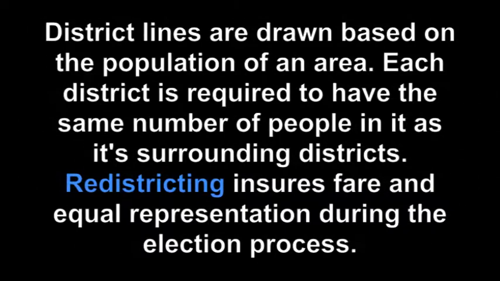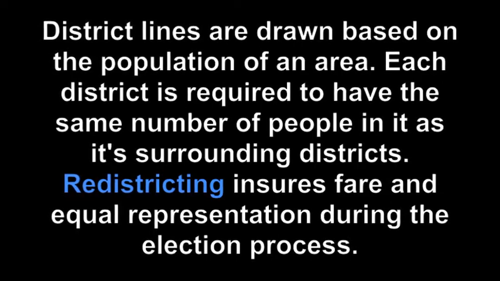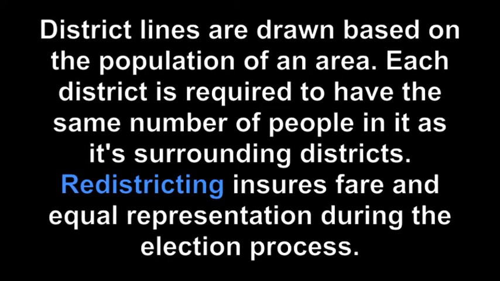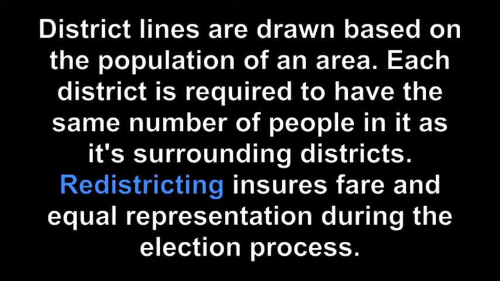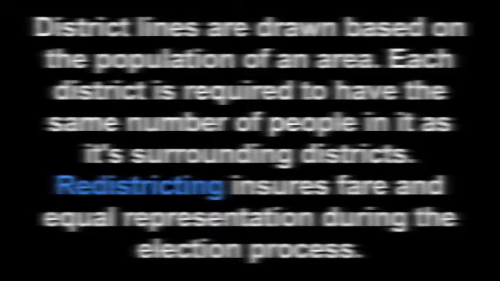So I would draw lines, and there would be 5 boxes. Well, the 5 boxes would actually not be drawn based upon geography. District lines are drawn based on the population of an area. Each district is required to have the same number of people in it as its surrounding districts. Redistricting ensures fair and equal representation during an election process.